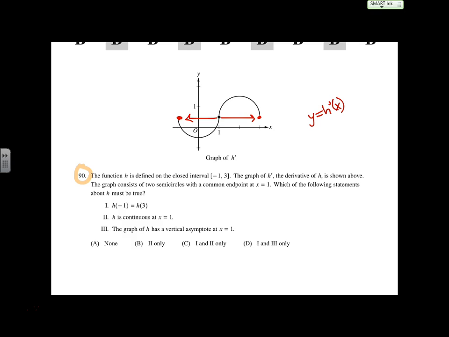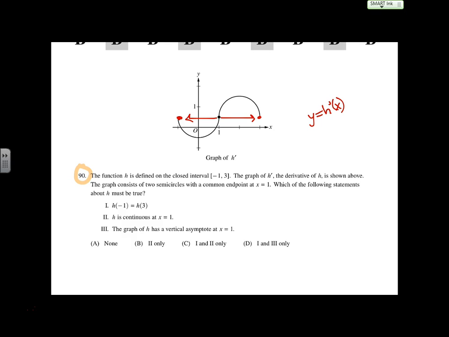How much it is increasing will be found by the entire area below, not just the semicircle. So from 1 to 3, h is increasing all the way up to 3. From 1 to negative 1, a few of you might get confused and say, hey, this area is the same as this area, but we have to remember area under the curve.